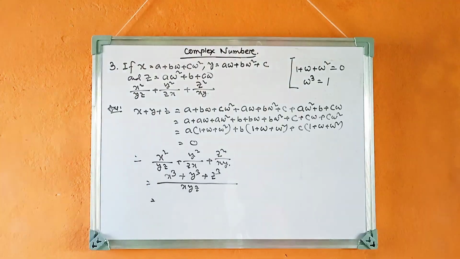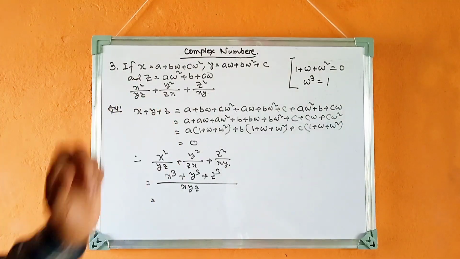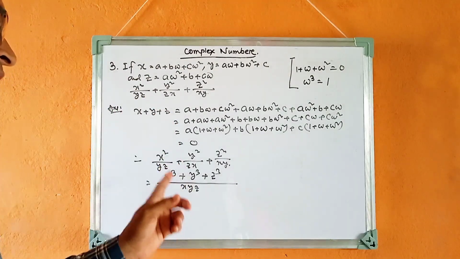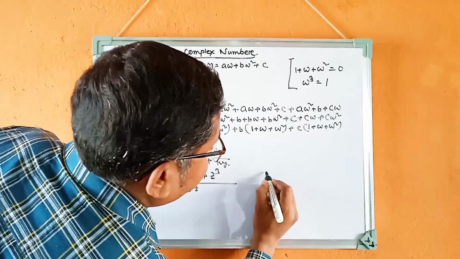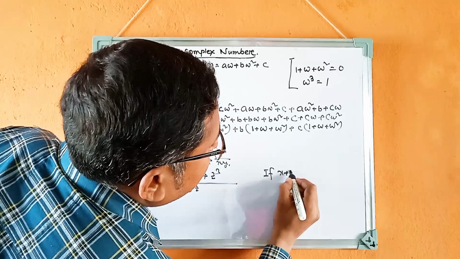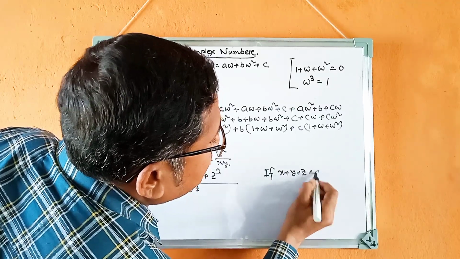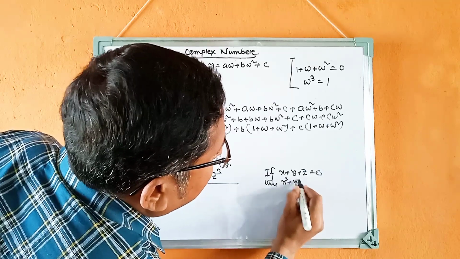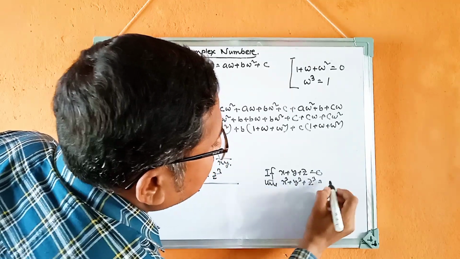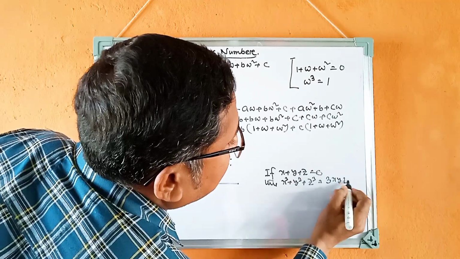Now see, if x plus y plus z is equal to 0, then what is the value of x cube plus y cube plus z cube? All of you know. See carefully. If x plus y plus z is equal to 0, then x cube plus y cube plus z cube is equal to 3xyz.